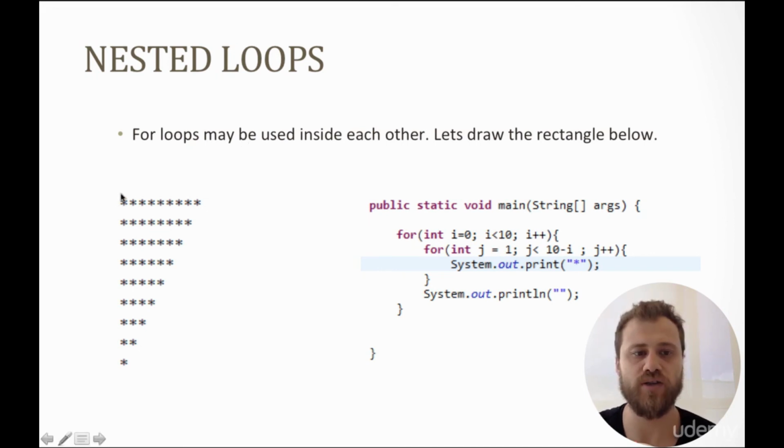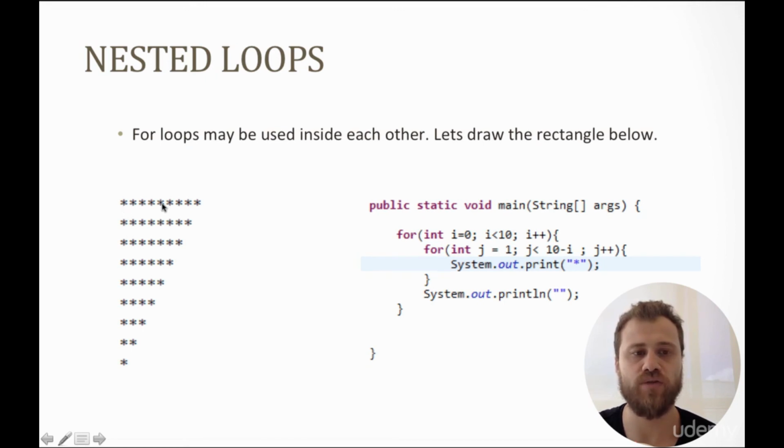Here we have been asked to draw this shape into the console with stars, using System.out.print and System.out.println. As you can see, we have 10 columns and 10 rows. We will use nested loops to draw rows and columns. The outer loop will draw the rows.